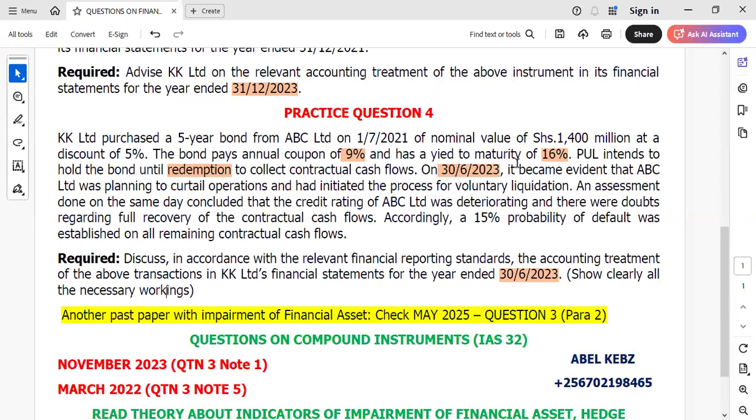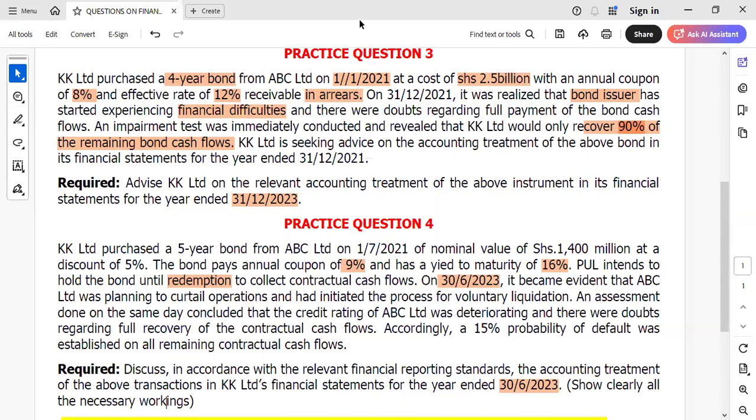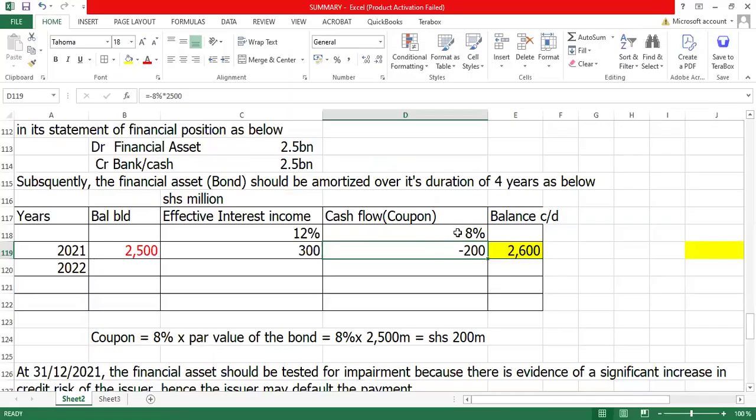Someone is saying in the group, how are we getting the cash flows of 6% in the reporting period? It's not 6%, it's 8%. I think I made a mistake. This is 8%.